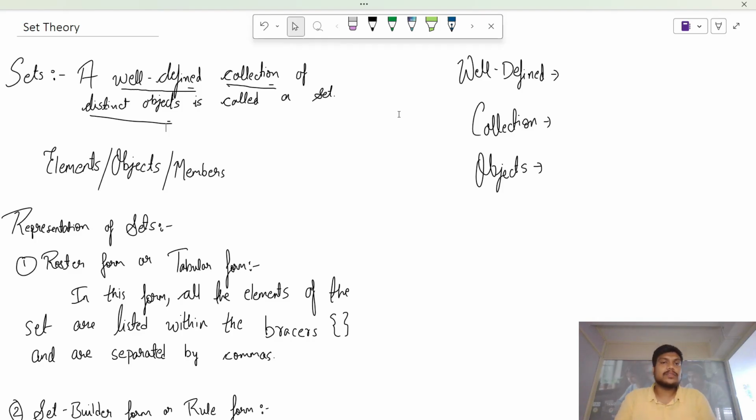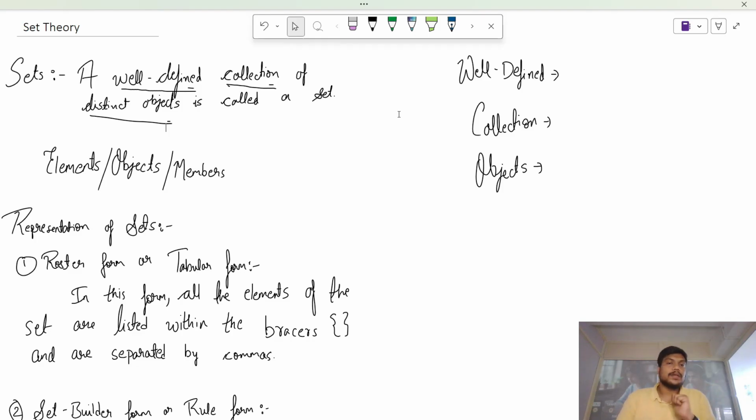For example, if I ask you to make a collection of cricketers, then you can take whatever cricketers have played throughout time and that would be the set of cricketers. But now if I ask you to make a set of your favorite cricketers, then depending on what time you were watching the cricket matches, or which country you are from, or whether you are inclined towards batting or bowling, depending on such factors you would decide what your collection would be.